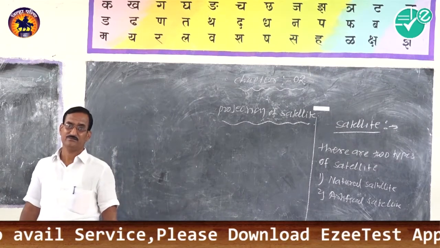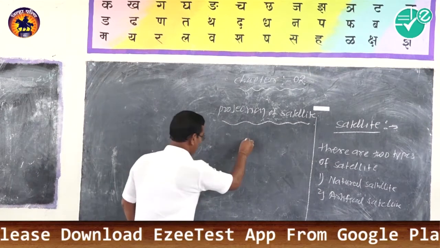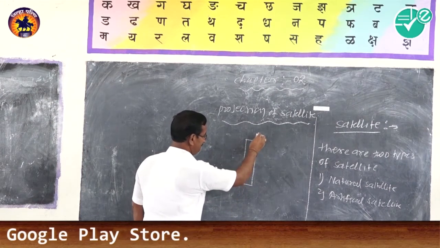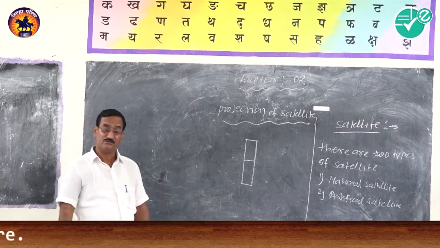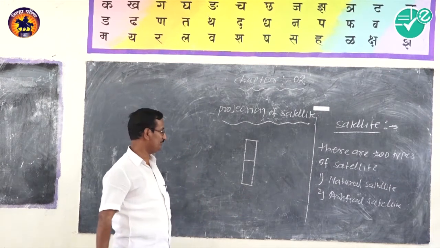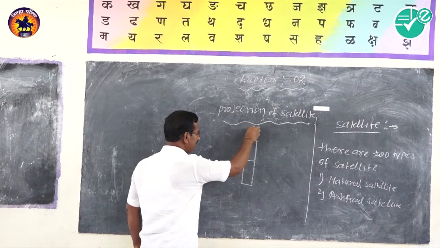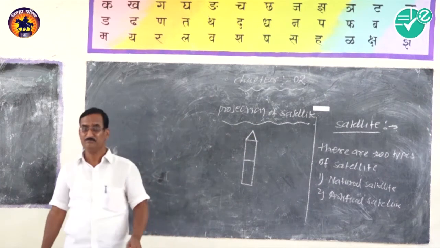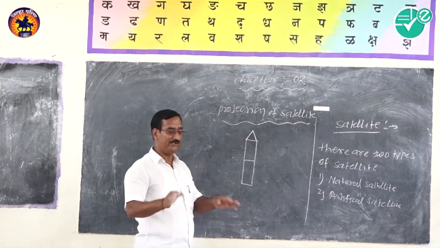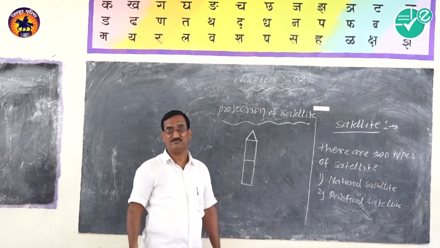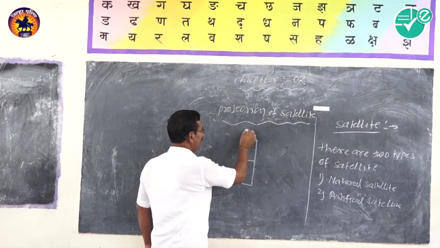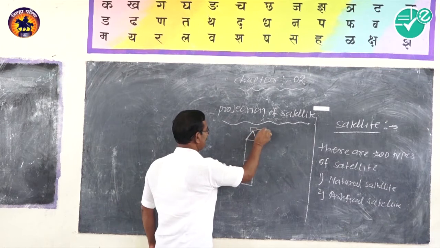These rockets are placed on the surface of the Earth in a vertical position, and the satellite which is to be launched is bound at the topmost position of the rocket.